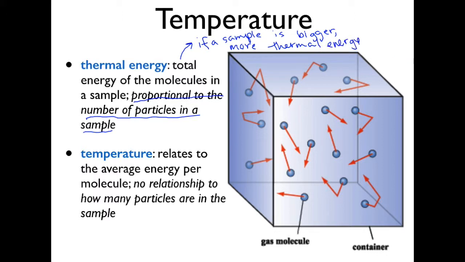It's possible that you could have a small cup of hot chocolate or a large lake, and the lake could have more thermal energy than the small cup of hot chocolate just because the lake is so big.